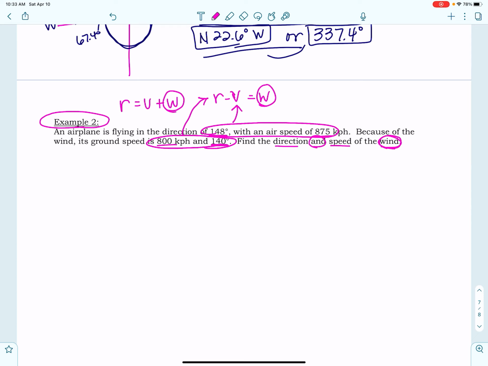Okay, so the very first thing we're going to do is use this information right here to find our original course, and we're going to let that be V in our formula here. I'm going to use the true bearing that starts north and goes 148 degrees clockwise. If this is 148, that means this is 90 for quadrant 1, and then plus another 58 degrees to give me a total of 148.